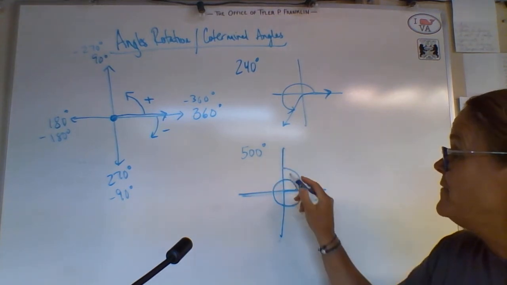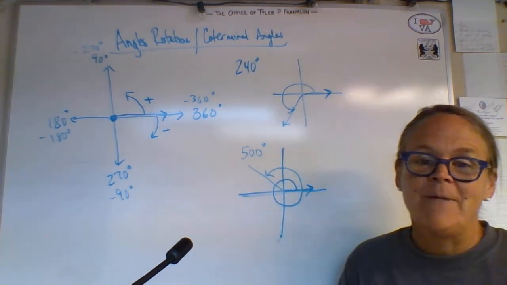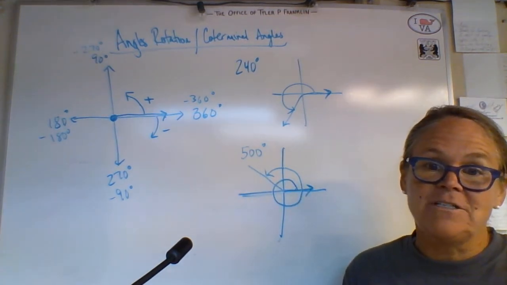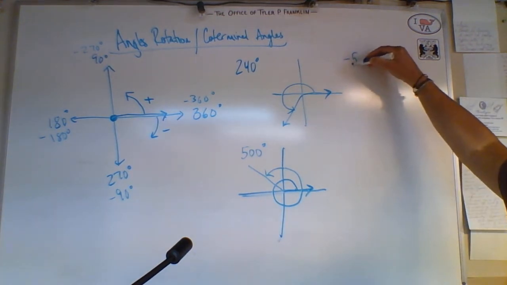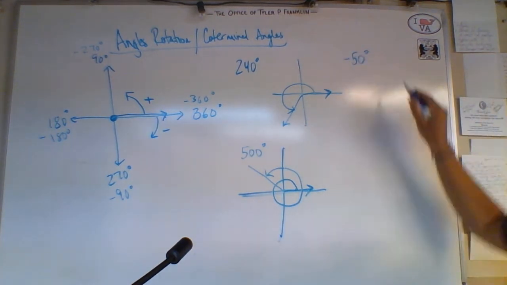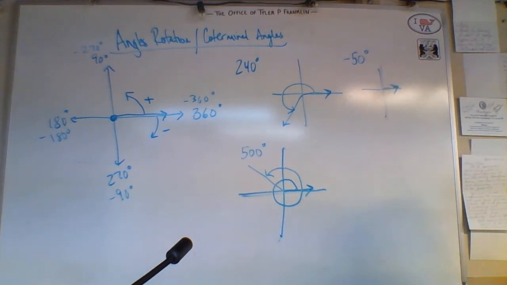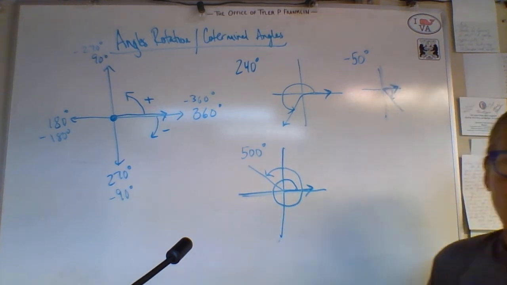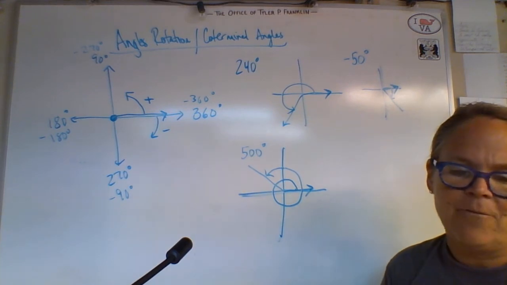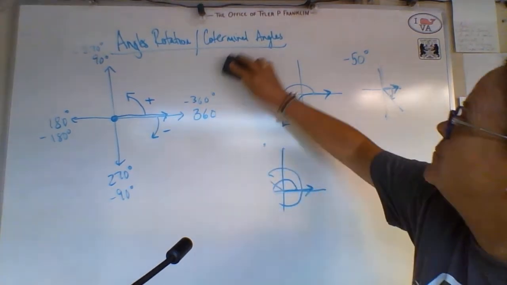So you have 50 more, which would be somewhere in there. That's a 500-degree angle. If I asked you to do a negative 50-degree, you would think, okay, I'm starting here. It's negative, so I'm going clockwise, and I'm going to go a little bit more than halfway. So that's the first thing that you're going to be asked to do.